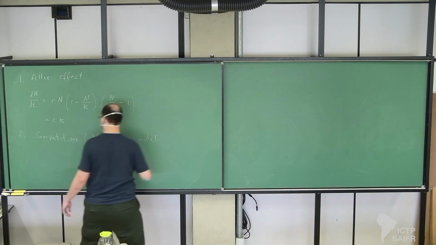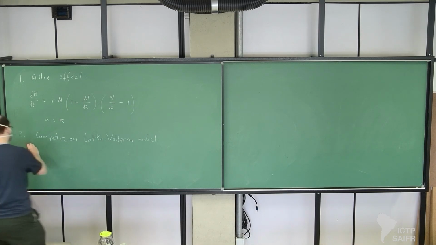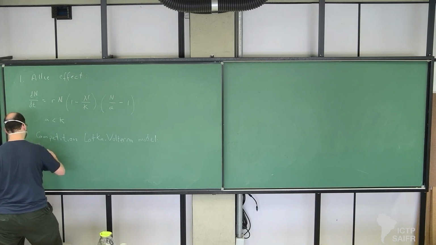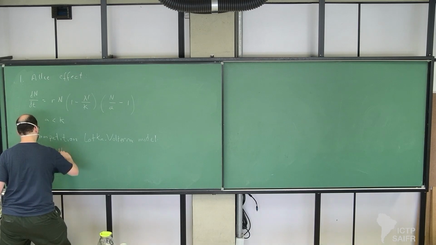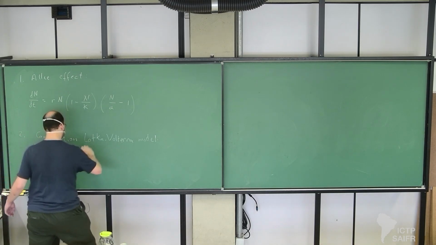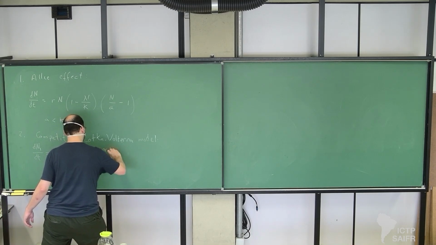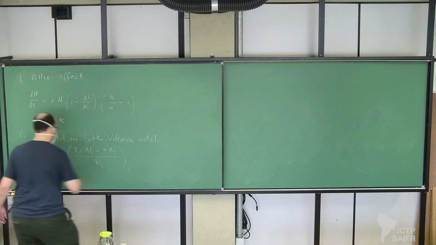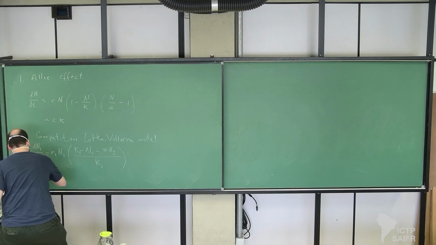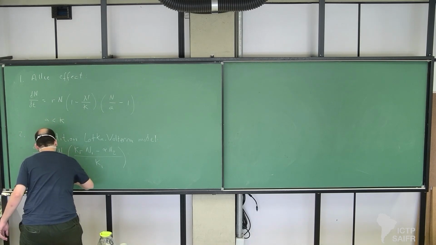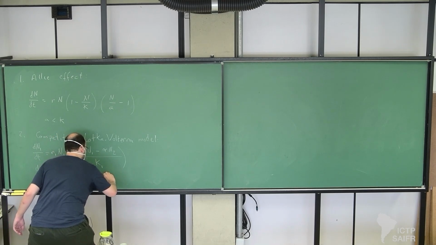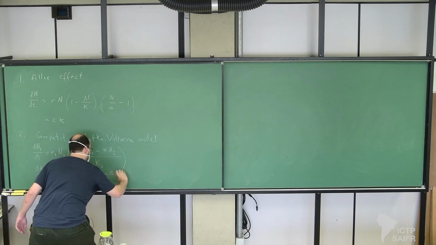I think Roberto uses this form here: dN1/dt equals r1 N1 (K1 minus N1 minus alpha N2) over K1, and dN2/dt equals r2 N2 (K2 minus N2 minus beta N1) over K2.